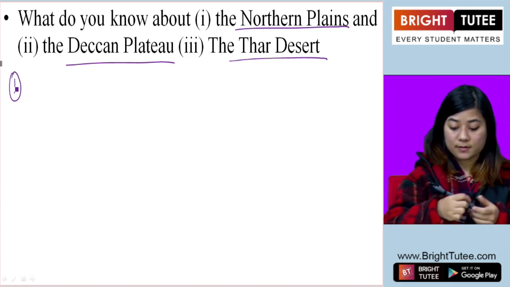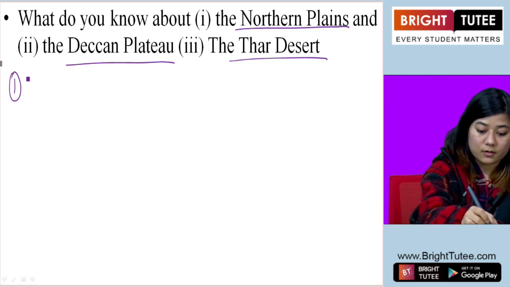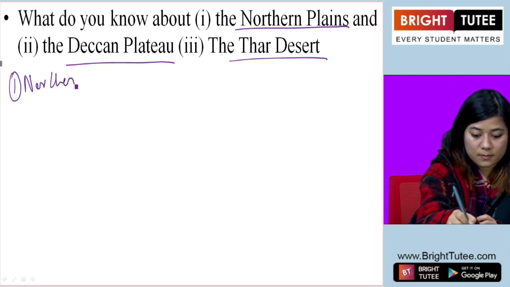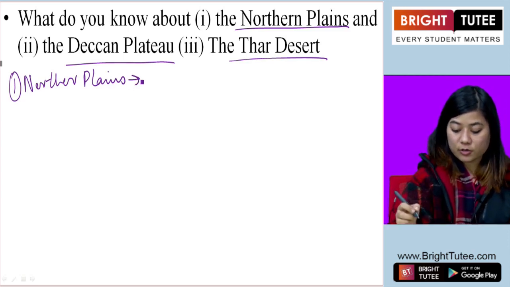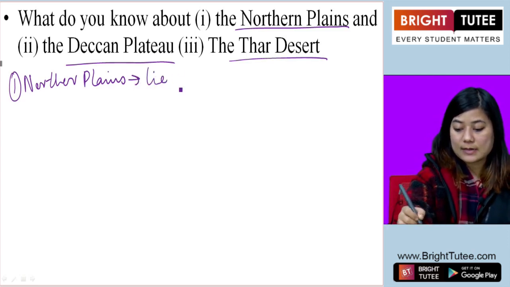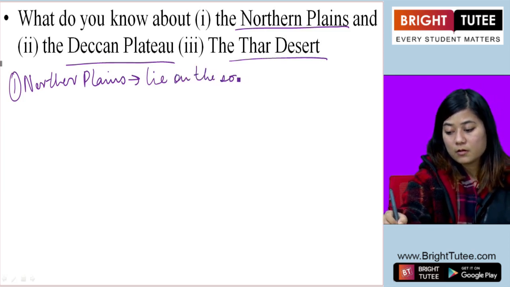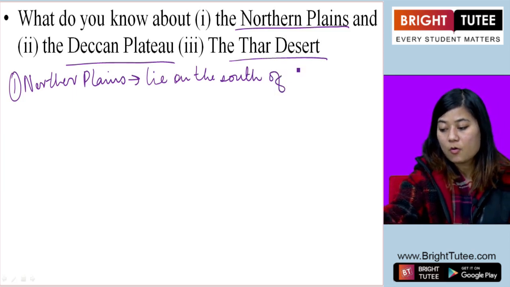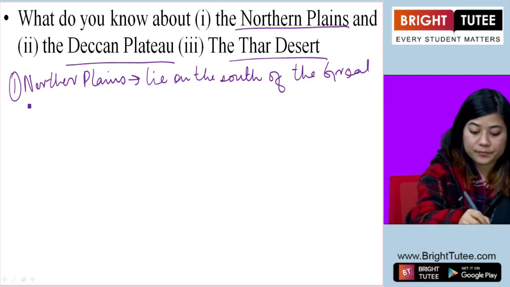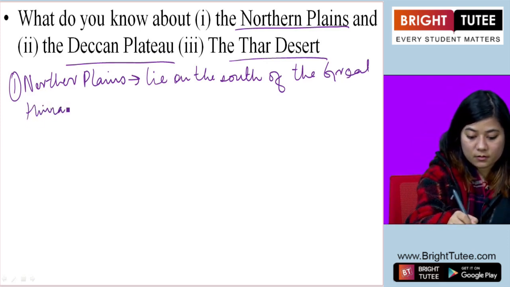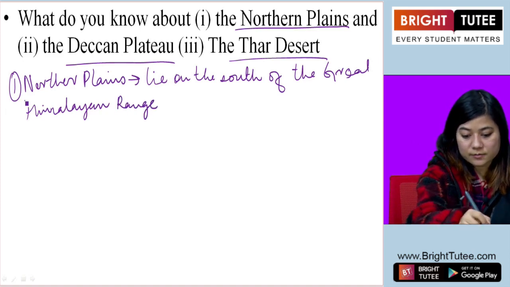So number 1, let us look at the northern plains. Now the northern plains lie on the south of the great Himalayan range.